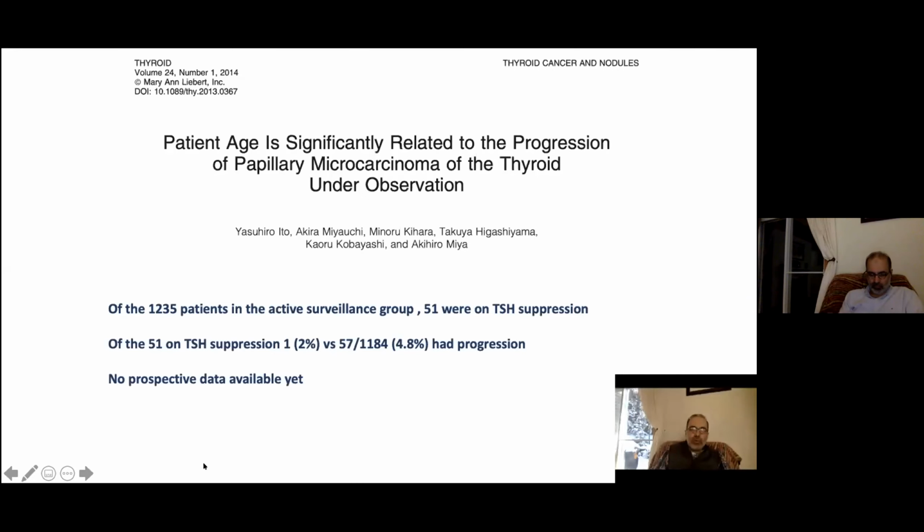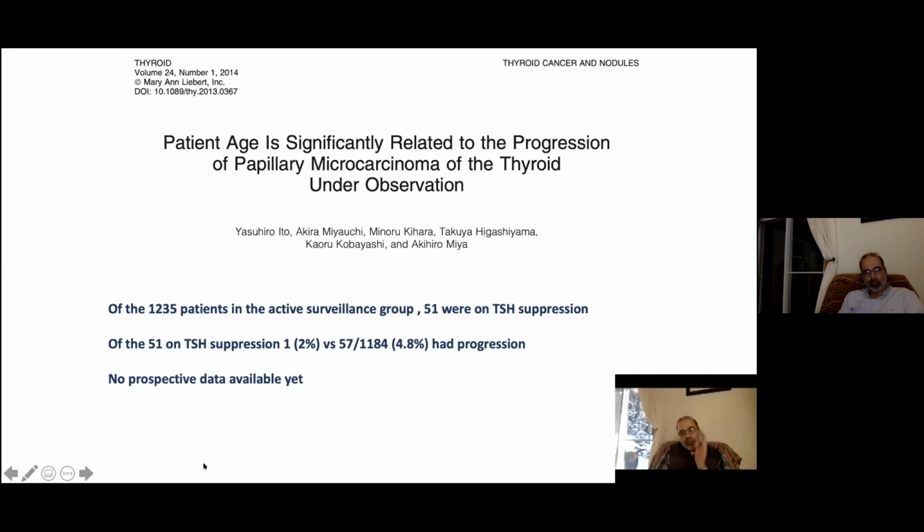What about patients where you have not operated, you have not removed their thyroid cancer? Can you use suppression in these patients? I think we all know, and there are plenty of data out there showing that in patients who have thyroid cancer, there's no question that TSH suppression therapy is useful in select patients.